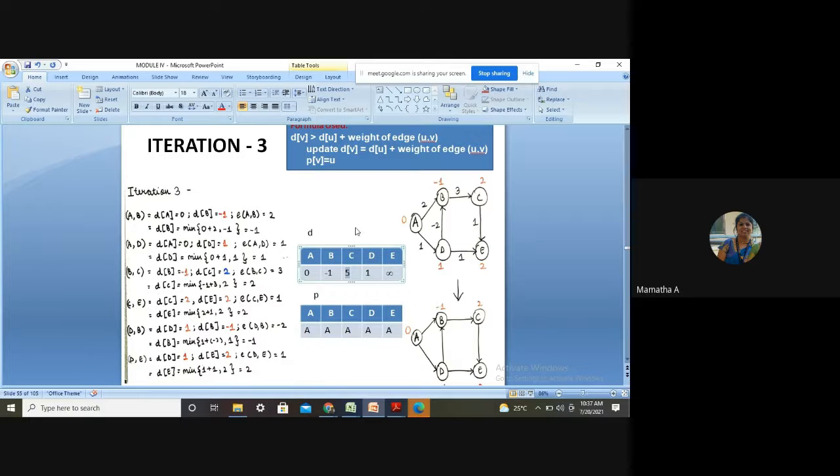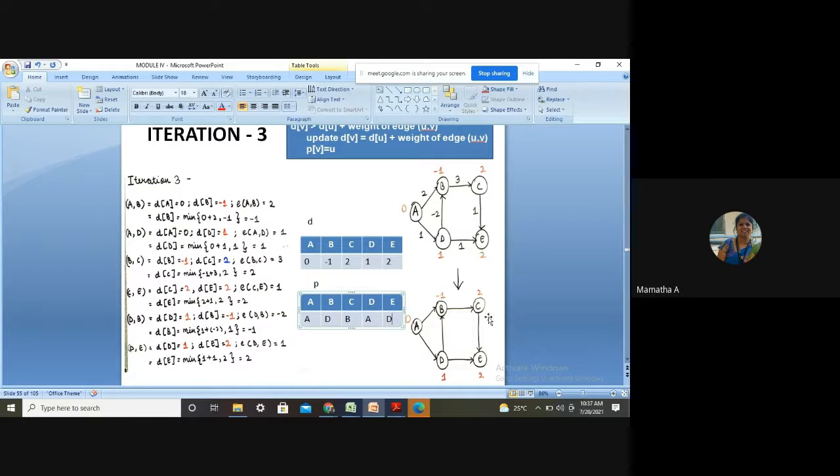It is 2, 1, 2. Okay. Similarly, the path matrix, you will have to again rewrite it: D, B, A, and D. Yes. Right? And you can now just see if I do all these things again.